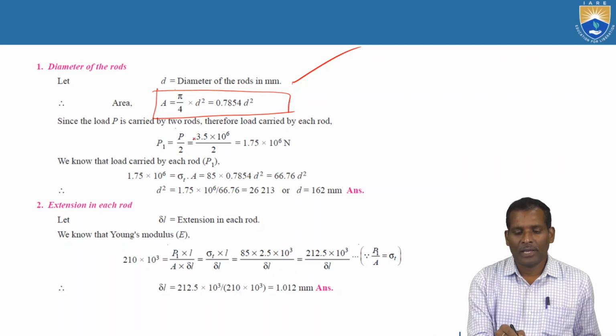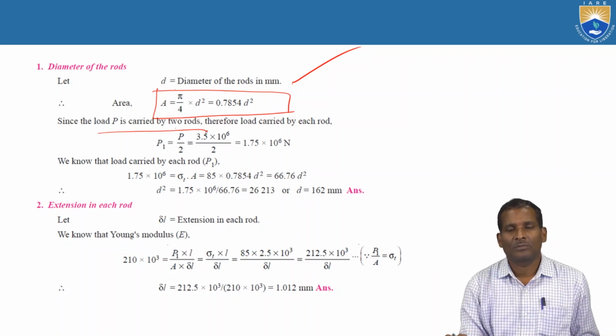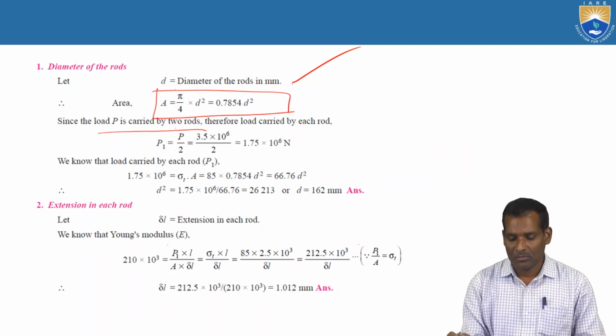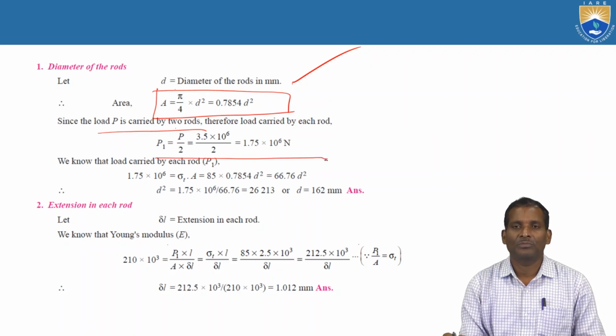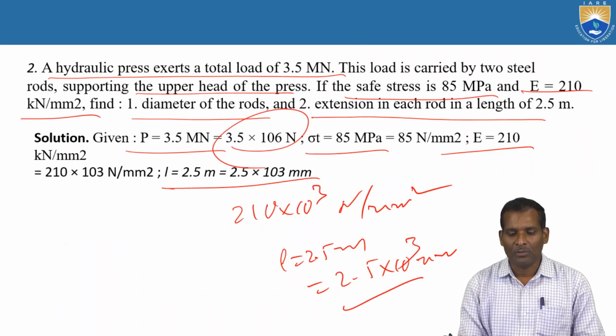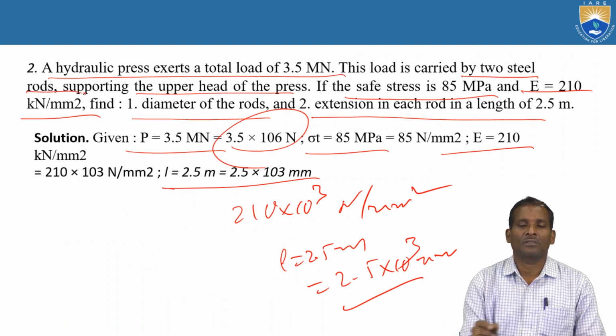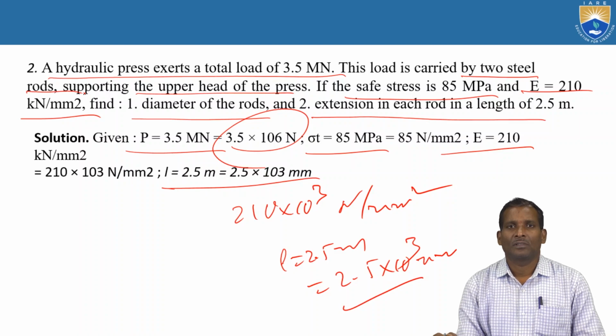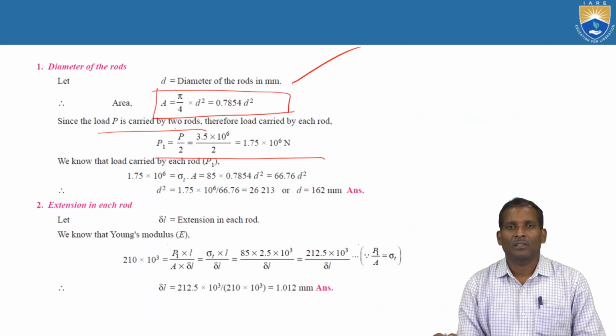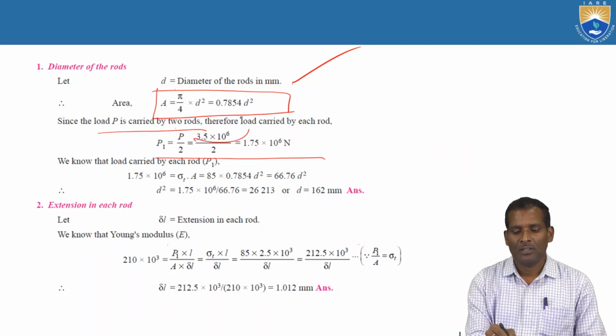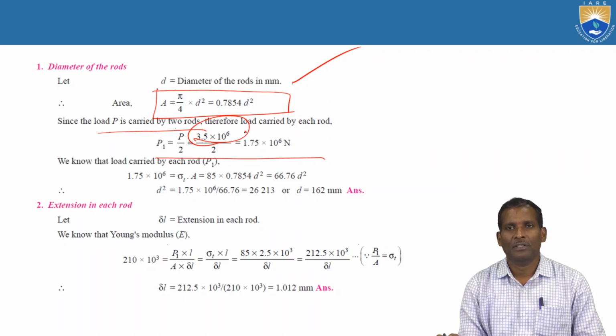Here the load P is carried by two rods, therefore the load carried by each rod is P divided by 2. The given load is 3.5 meganewton, convert into newtons: 3.5 into 10 to the power 6.